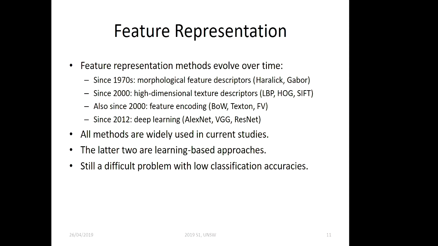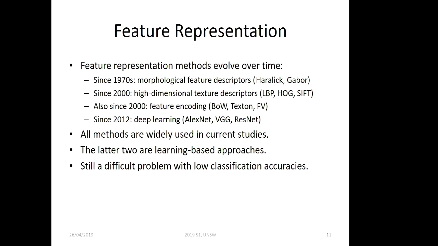Because texture is about repetitive patterns, if you analyze a localized set of pixels, then you should be able to detect some inherent texture within the images. There are quite a number of different designs for these high-dimensional texture descriptors, and they were the most popular ones prior to the occurrence of deep learning.